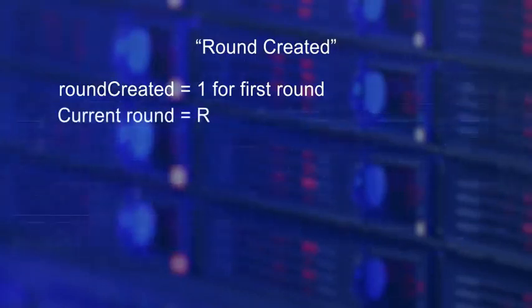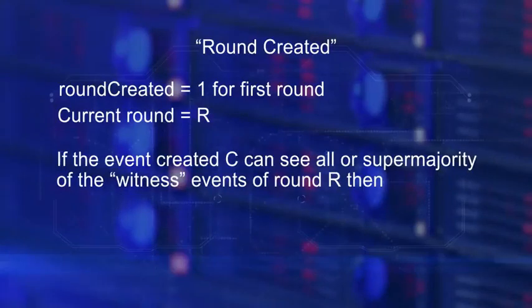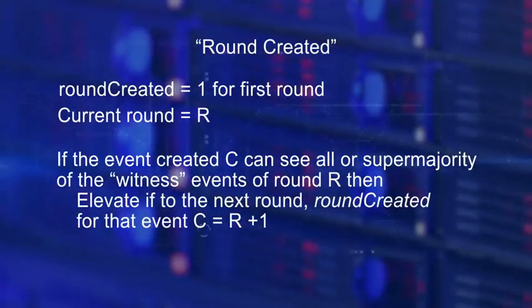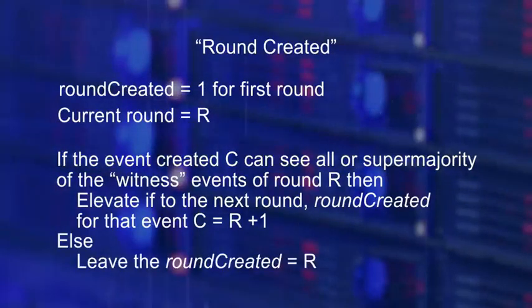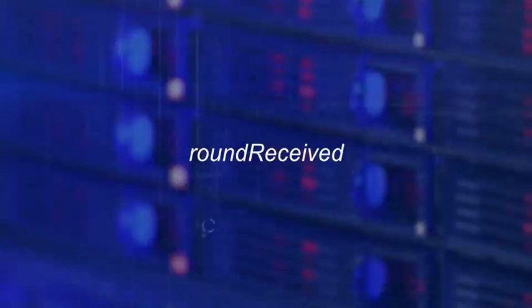Let the current round be R. If the event created C can see all or a supermajority of the witness events of the round R, then elevate it to the next round, and roundCreated for event C has a value of R plus 1. Else, leave the roundCreated attribute value at R and leave the event in that round. We'll be discussing the roundReceived attribute of an event later, at which time the consensus on the event is reached.